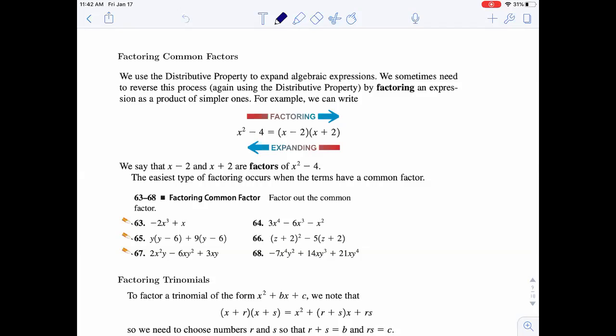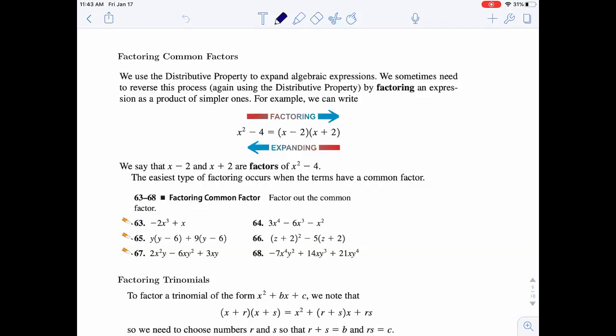We said, well, there's a -1 on all of these, how about I just pull that outside and make it look a little nicer. So if you're factoring, you change this into something with brackets, you rewrite it usually just with brackets.